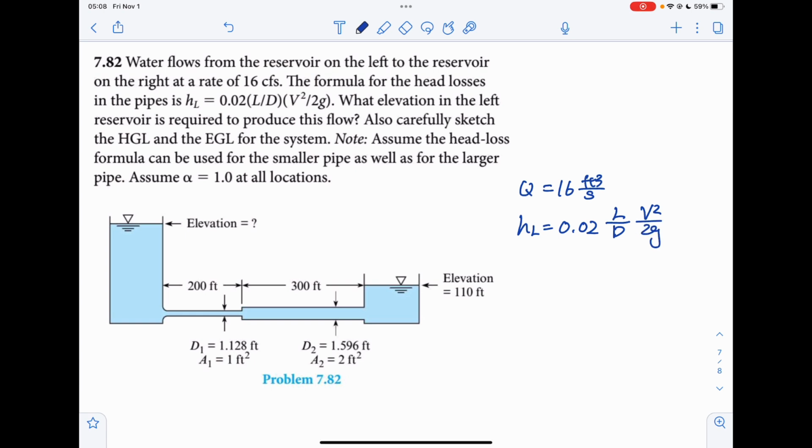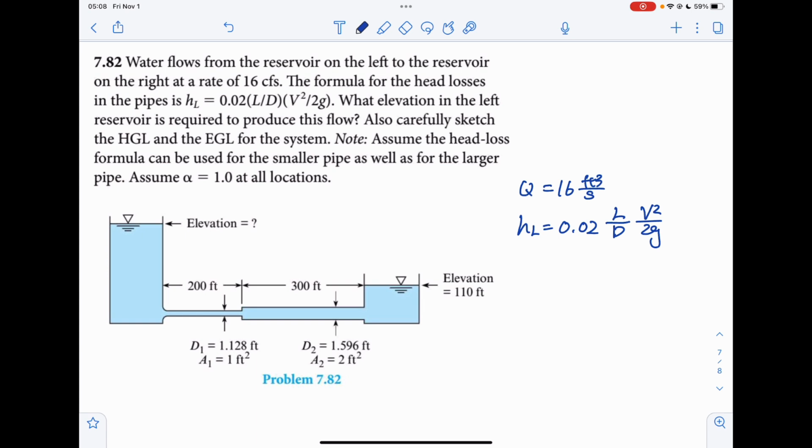Please notice the L, D, and V are different between the different pipes, and we have two different pipes connecting the two reservoirs. The diameter D1 and area A1 are given, same as D2 and A2, because they call this pipe D1 and A1, the other pipe D2 and A2.